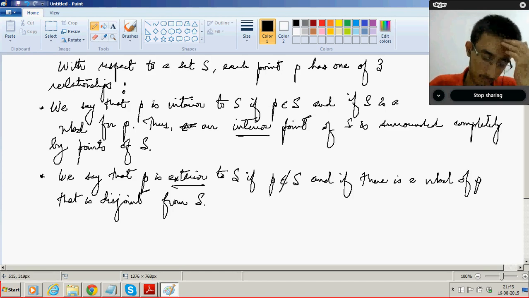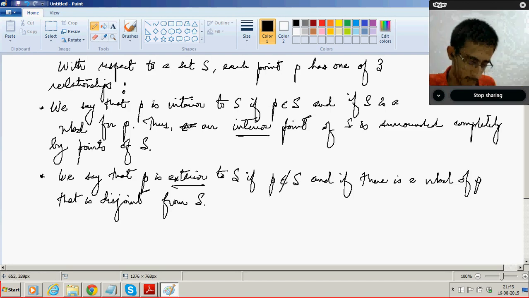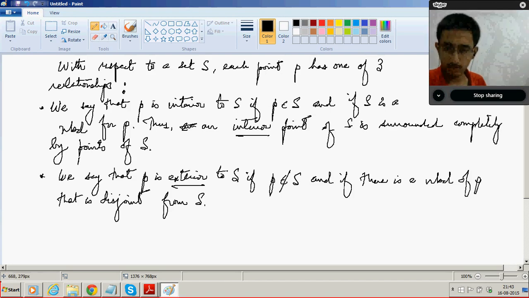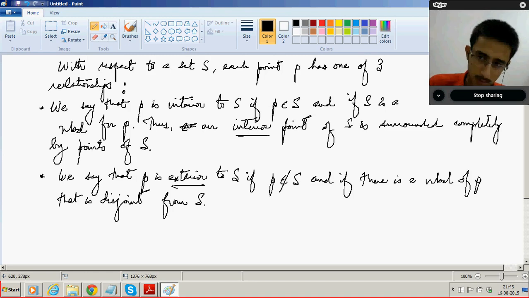Interior and exterior are used in a special technical sense in math, right? Okay. When we solve problems, it will become more clear.